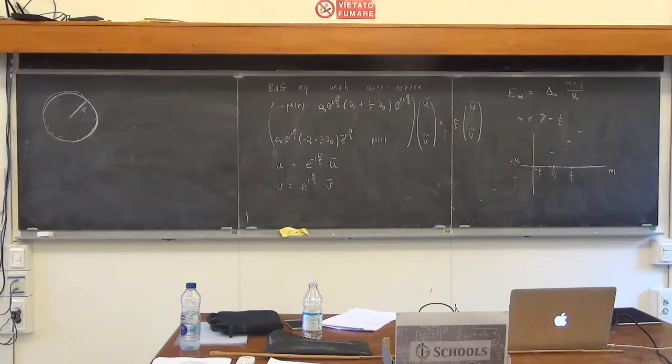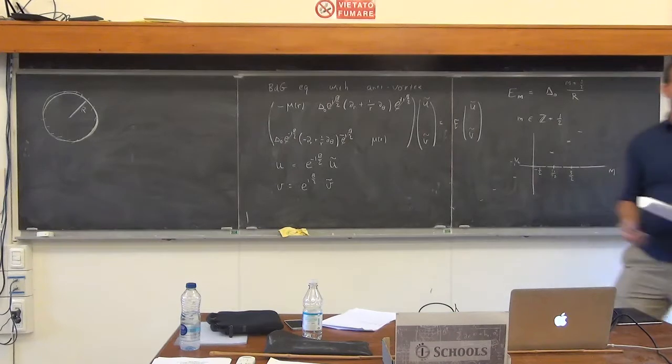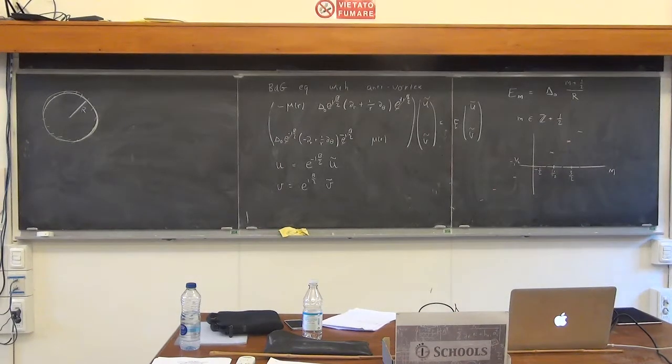There couldn't be an isolated one. One way to see that is to go back to the lattice model. There, the whole matrix was always an even dimensional matrix, and we argued that the eigenvalues have to come in pairs of E and minus E. So if there's one eigenvalue at 0, there has to be another one at 0.